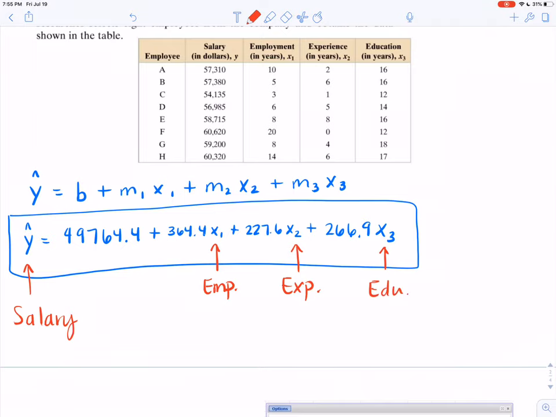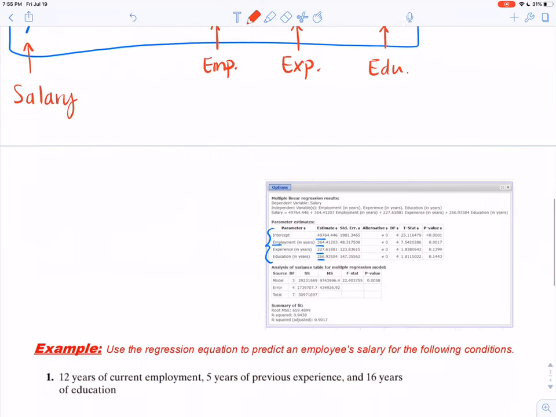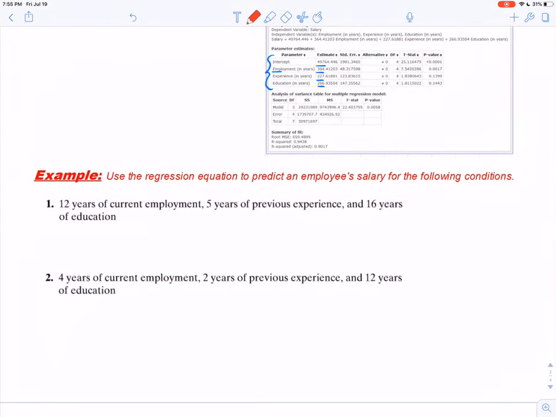All right, now, the first thing that I want to note that I can do anytime I have a regression equation, whether it's simple linear or multiple, is I can plug in values of x and use that to predict the value of y. So for example, we want to use the regression equation to predict the salary based on the following conditions.